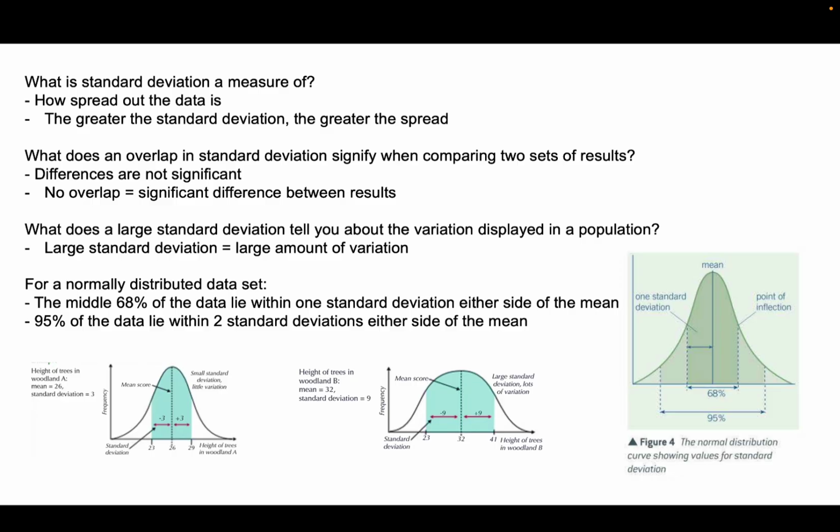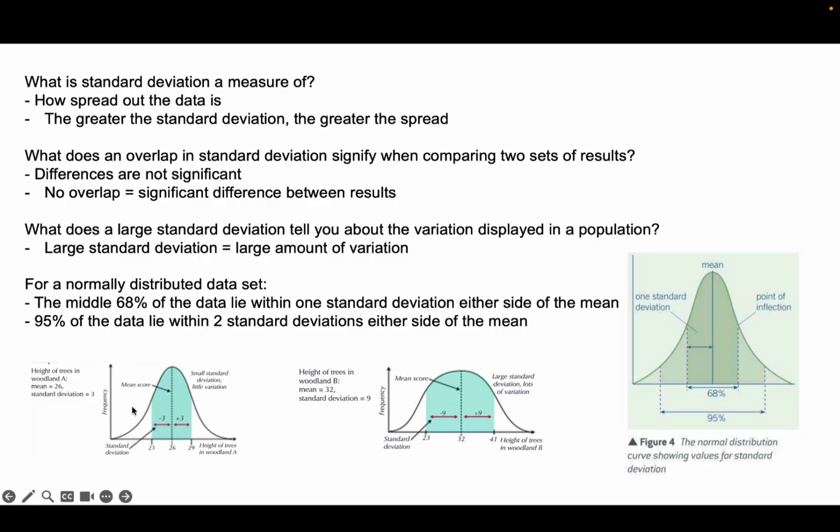So if you were to have a normally distributed data set with no skew, the middle 68% of the data would be within one standard deviation on either side of the mean, and then 95% of the data would be within two standard deviations on either side of the mean. And this is seen in the yellow curve, in the green curve on the bottom right.